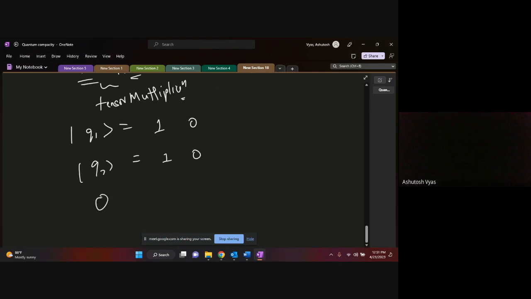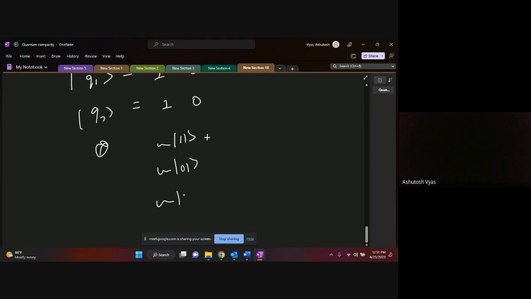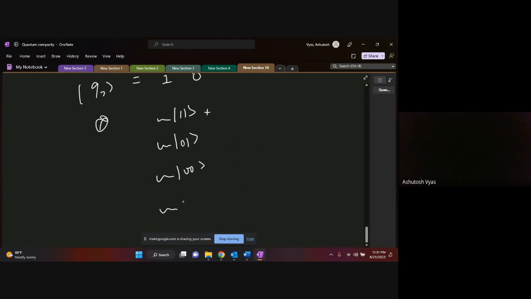The moment you entangle both of them, you will end up in four states, and those four states will look like this. There will be a probability amplitude number for each of the states 0 0, 0 1, 1 0, and so on.